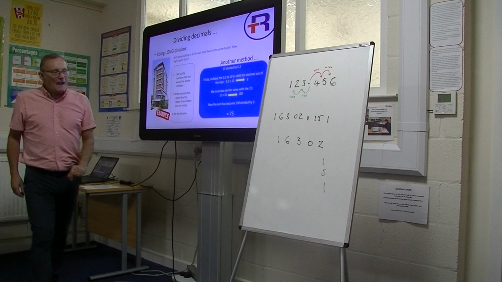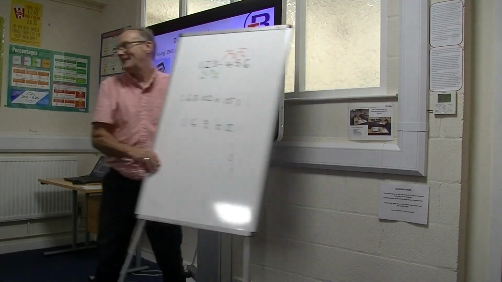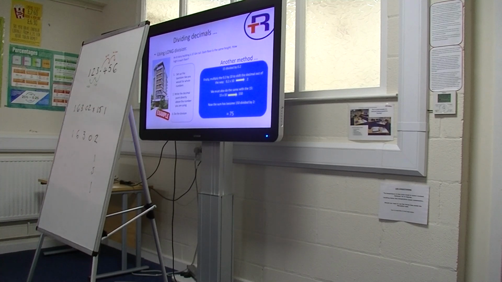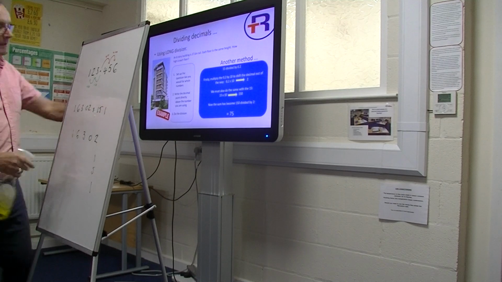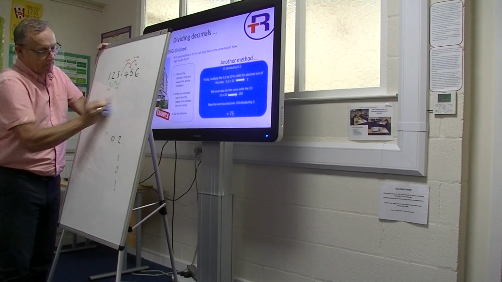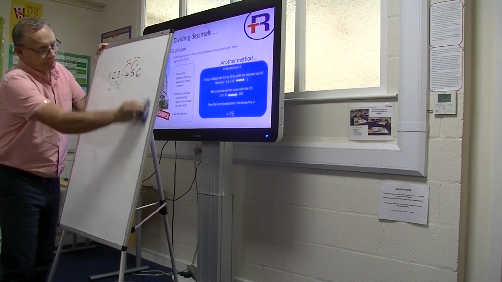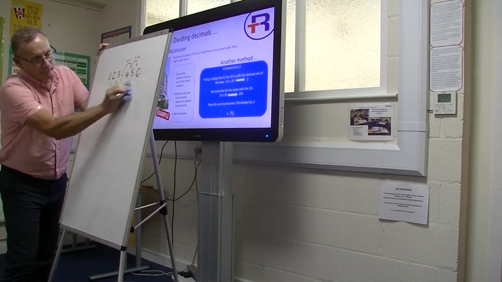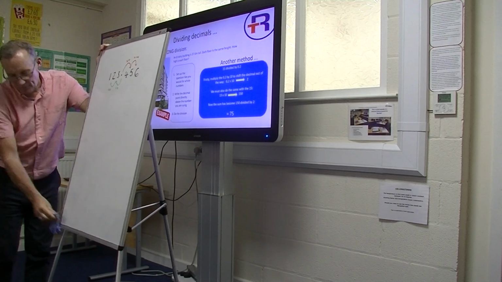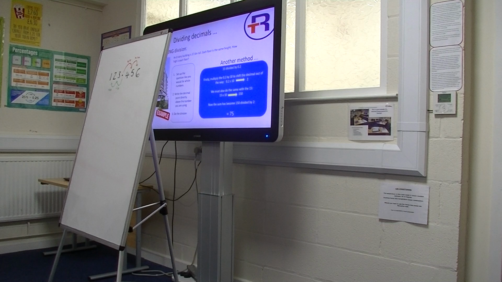So what about dividing decimals? You thought that was tricky. Here we go. I'm going to leave that up on the board again because we're going to need it. So there are 2 different ways we need to approach this.